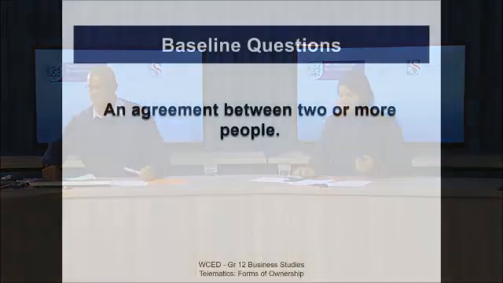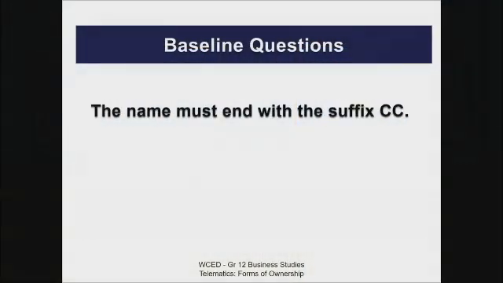The next one: the name must end with the suffix CC. Let's see the name of this form of ownership. While they are typing, Port St. John's High says, I think this is a delayed answer because it's for a previous one.